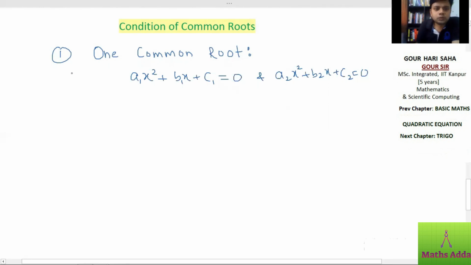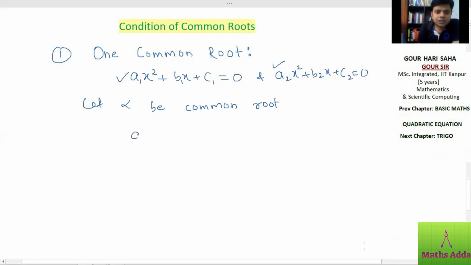So, what to do? Let us start with assuming the common root is alpha. This means, let alpha be the common root, which means alpha will satisfy the first as well as the second quadratic, right.